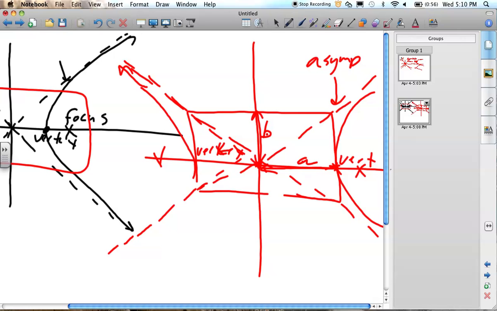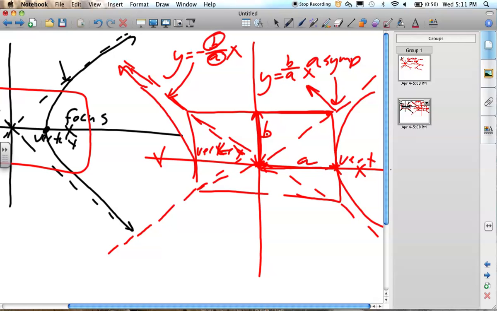The equation of this asymptote right here: if you remember, my y-intercept is 0, and my slope is rise, which is b, over my run, which is a. So it's going to be y equals b over a times x. This one will be the same thing, except it is minus b over a times x. Rise over run. Okay.